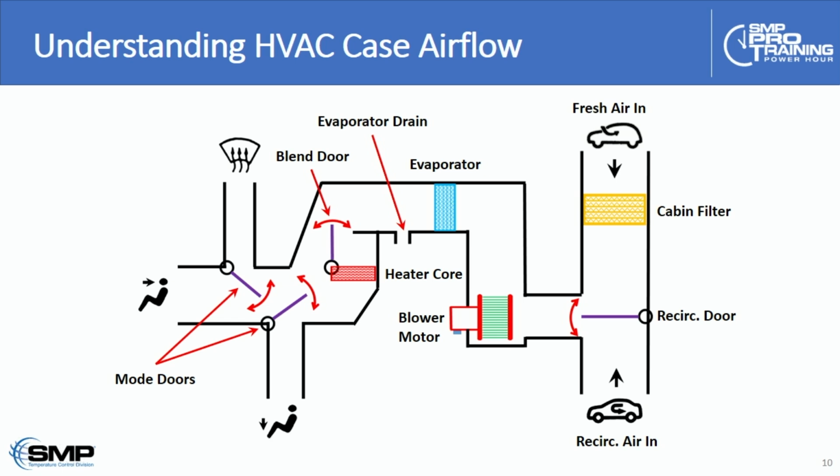The other important thing to point out here is, remember, in the wintertime, when you put the system on defrost or defog, typically the compressor is going to run. If it's above freezing, the compressor will run.